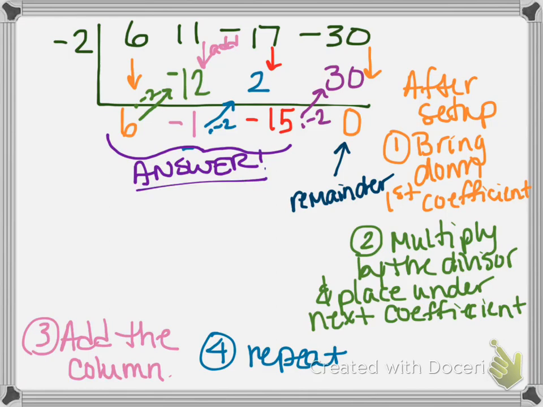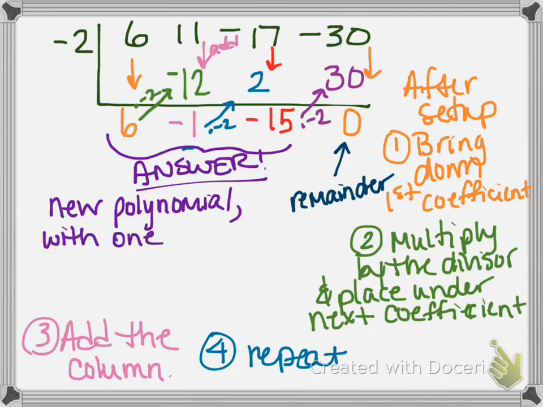It looks very strange. Now I'm just taking the 6, the -1, and the -15. So that's our answer. It's a new polynomial with 1 less degree. What do I mean by that?